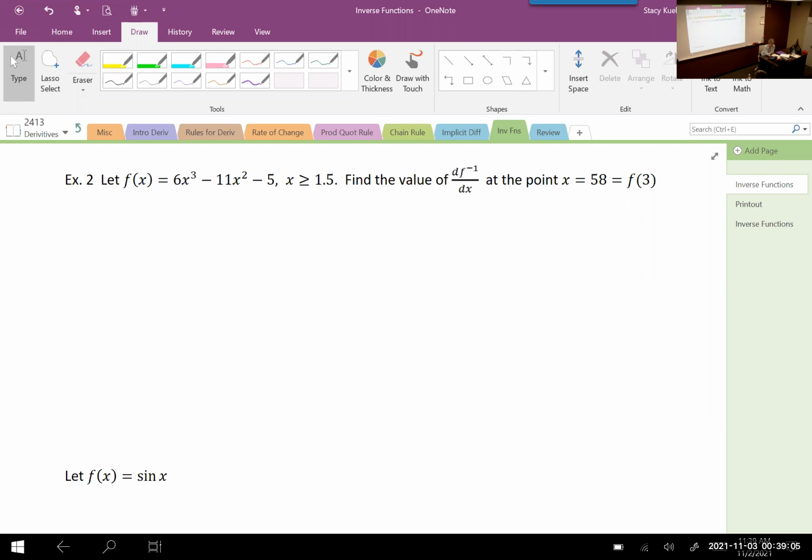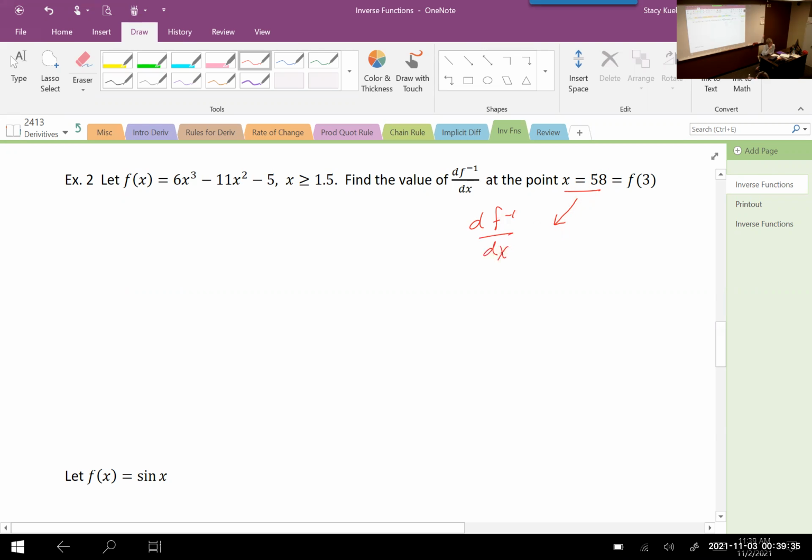What this is talking about is, if we have the derivative of the inverse, this point is on, in other words, that's when x is equal to 58 on the inverse function, all right? That's what that portion of it is saying, that it's on the inverse function.